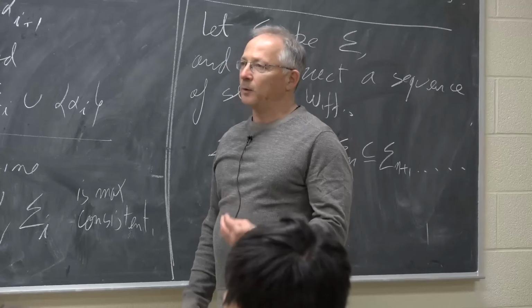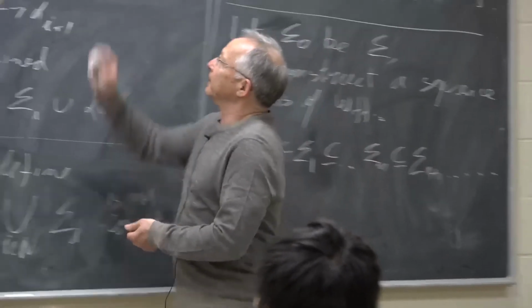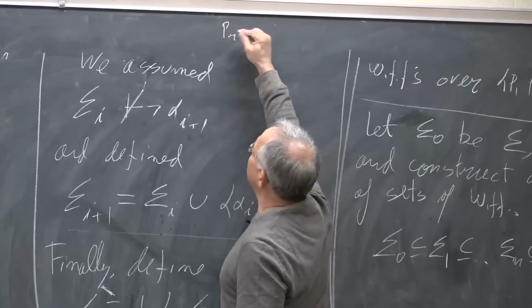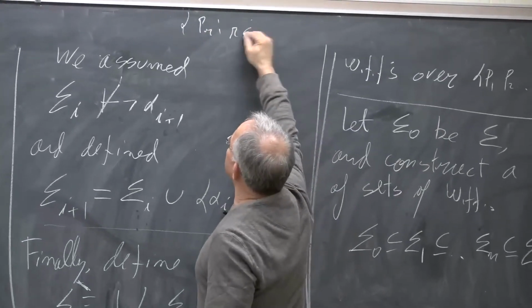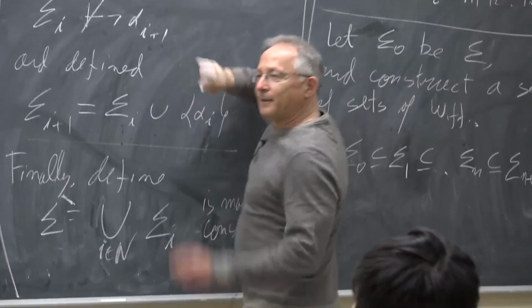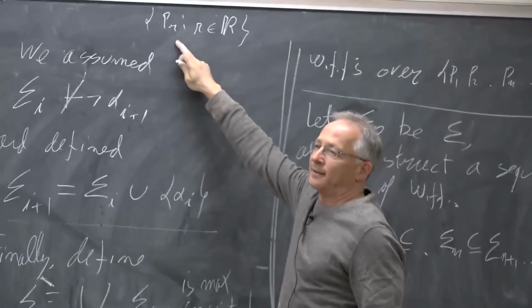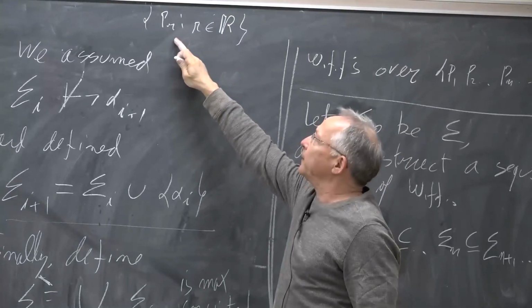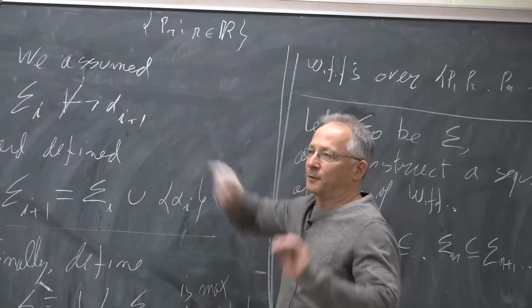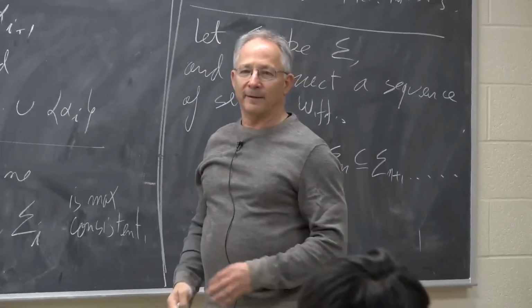The claim holds over any set of variables. Maybe your set of variables is the set of all p_r such that r is a real number. We only limited ourselves to a countable set of variables, p_i where i is a natural number. If we limit ourselves to countable sets, we don't need the axiom of choice. We need the axiom of choice to show this claim for every set.